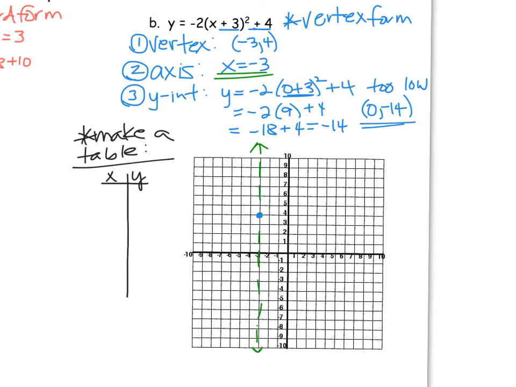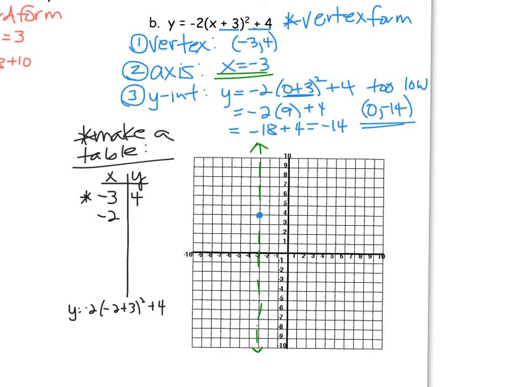We already know when x equals -3, the graph has an output of 4. So using this number kind of as our guide, I'm just going to count 1 to the right. I'm going to plug in -2 to the equation. So if I plug in -2 for x, I would have y equals -2 times (-2 plus 3) squared plus 4.